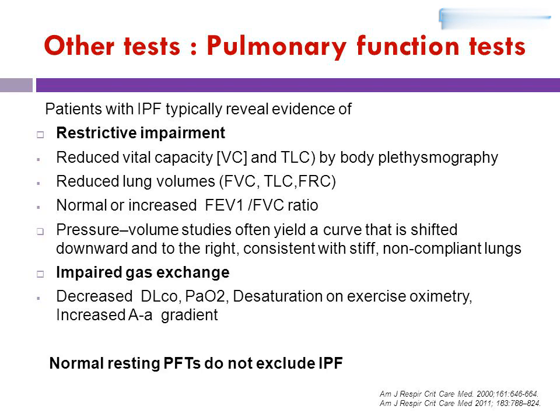Impaired gas exchange: decreased DLCO, PaO2, desaturation on exercise oximetry, increased A-a gradient. Normal resting PFTs do not exclude IPF. Am J Respir Crit Care Med 2000, 161:646-664. Am J Respir Crit Care Med 2011, 183:788-824.